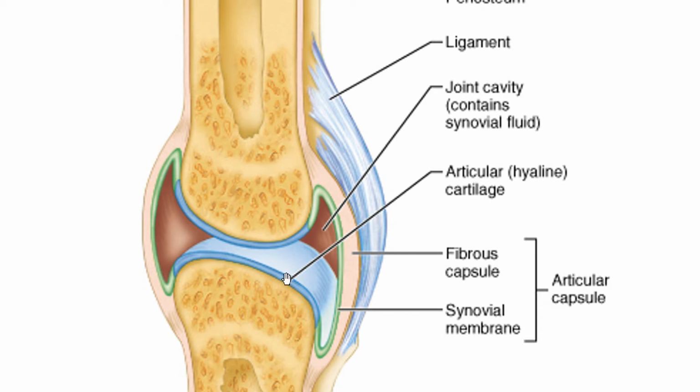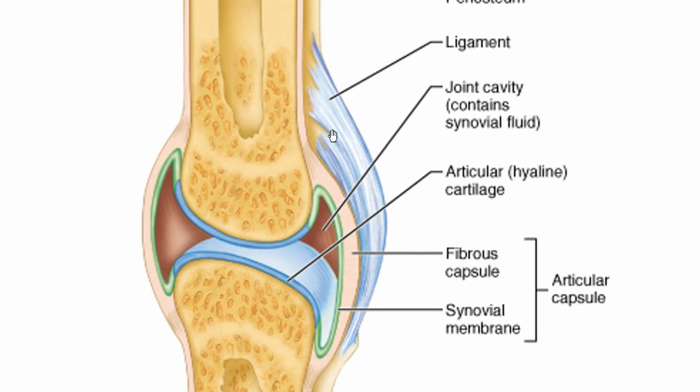And here we have another articular cartilage, hyaline cartilage of the other bone of the joint. And this synovial membrane attaches to the articular border. It doesn't go beyond this onto the articular surface, because the articular surface is covered with hyaline cartilage only.